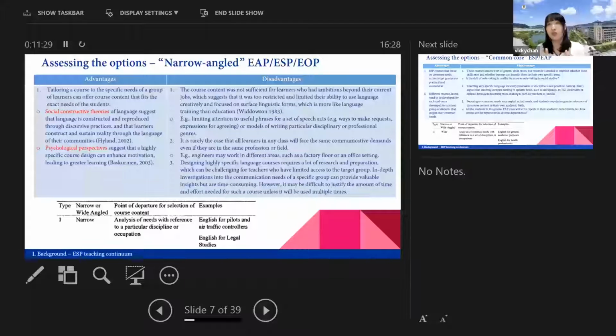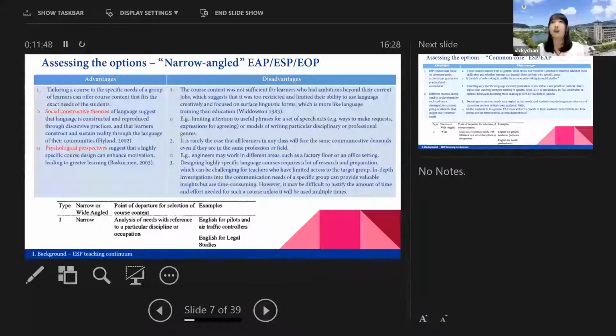So in other words, students might not be able to use the language creatively, and they might just focus on surface linguistic forms, which makes the whole program like a training rather than education.